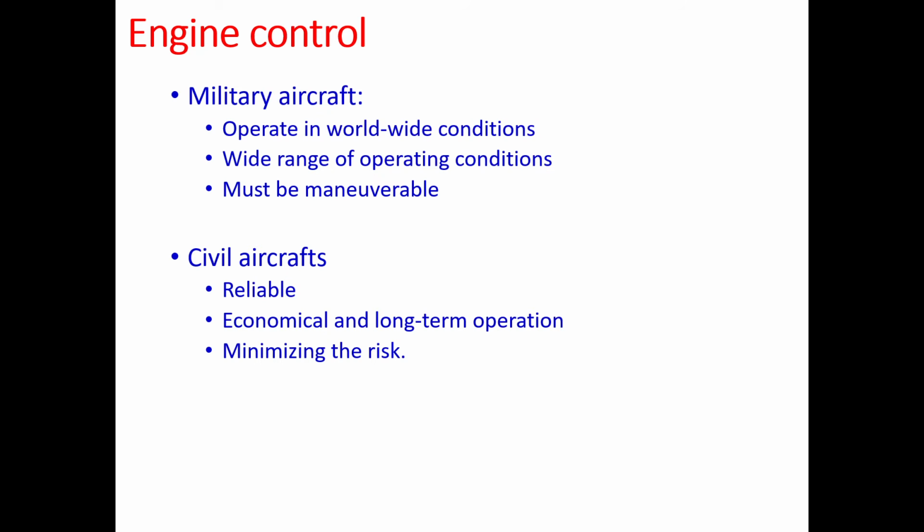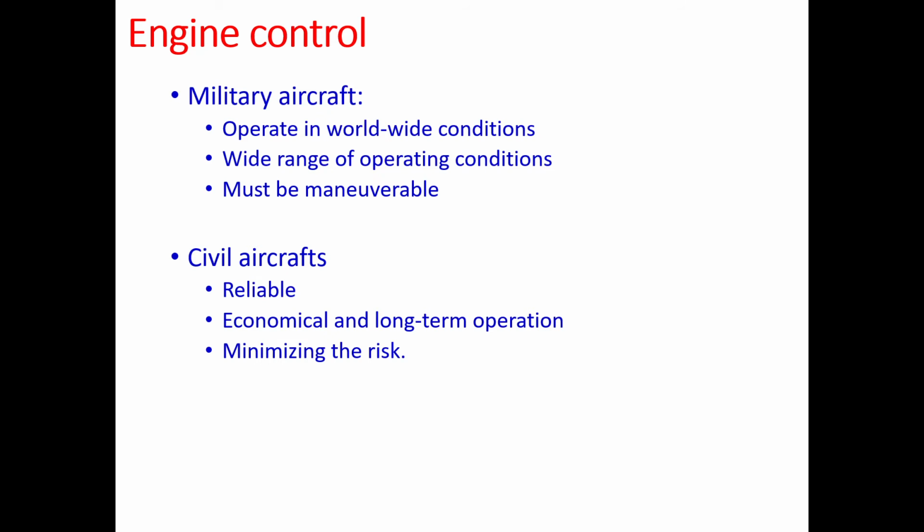So if you're dealing with a military aircraft, your pilot has to control the engine in a way that makes the aircraft operable all around the world, especially in worldwide conditions.